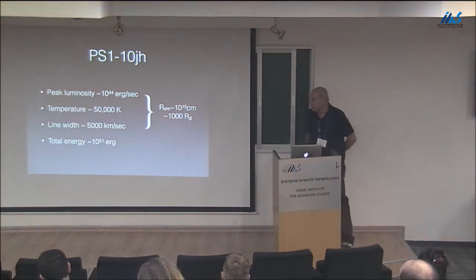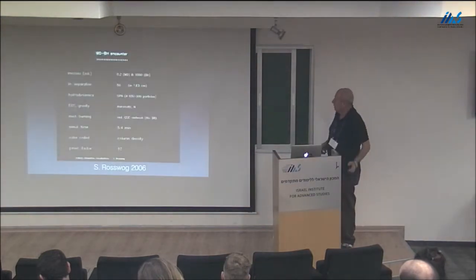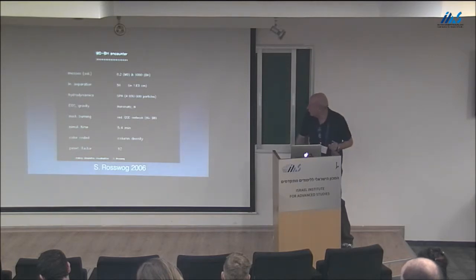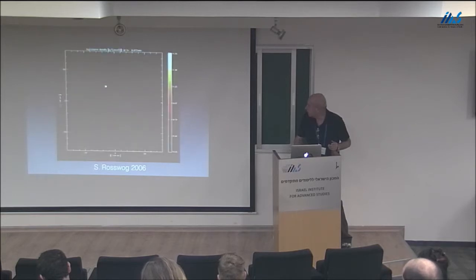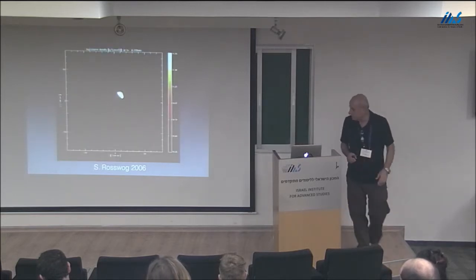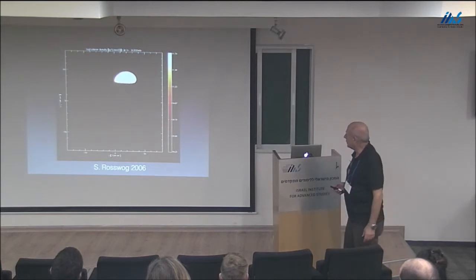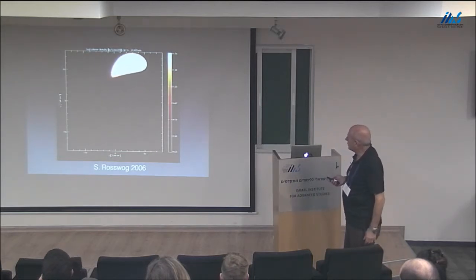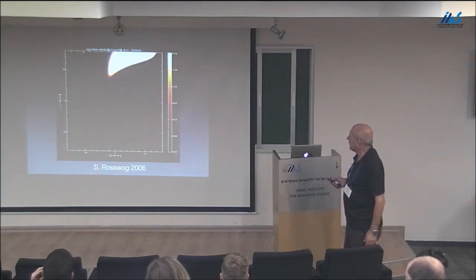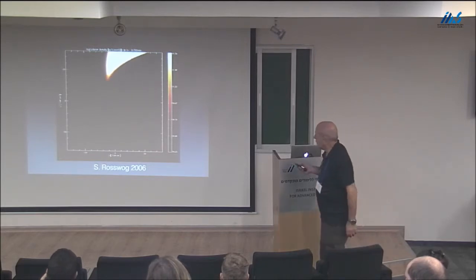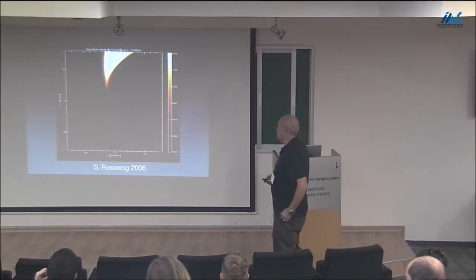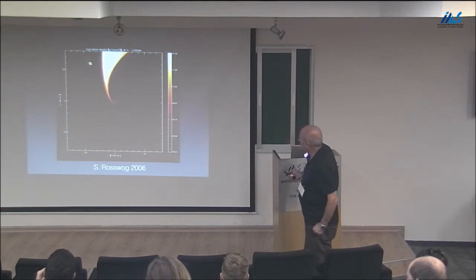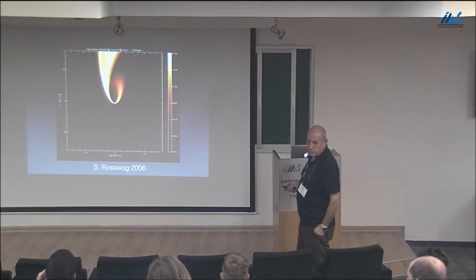And the question is, what is happening here? I want to remind you of some old simulations which actually influenced me. This is a simulation by Stefan Rosswog, and you see very nicely what is happening. This was actually a neutron star or white dwarf around a black hole of a few 100 solar masses, and you see the returning stream, and you don't see an accretion disk.